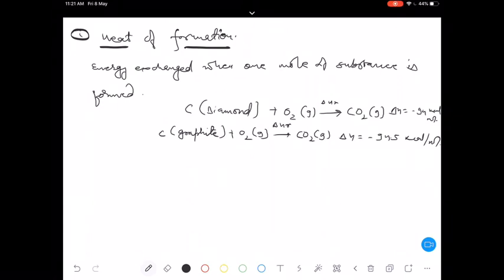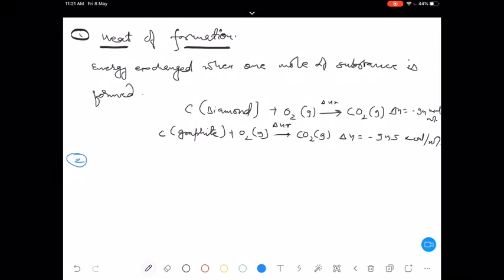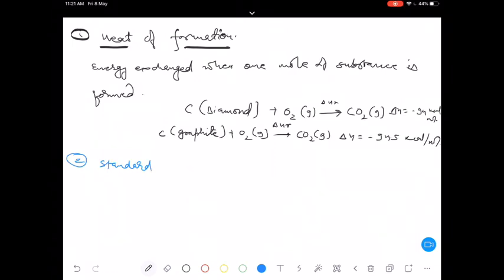So it doesn't give us a clear picture. What is going to give us a clear picture, that we are going to write. And please make a star mark on this particular part: standard heat of formation. Here we are writing this particular part. These two are different things.